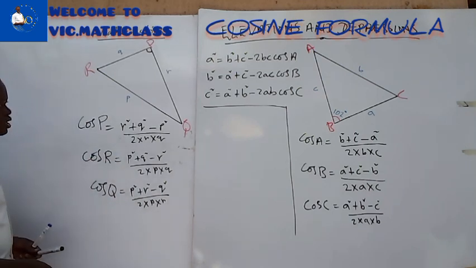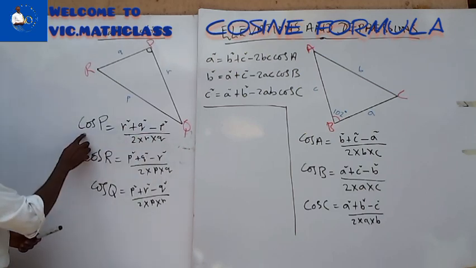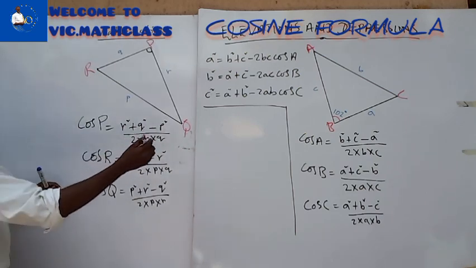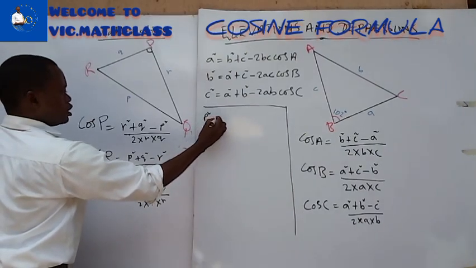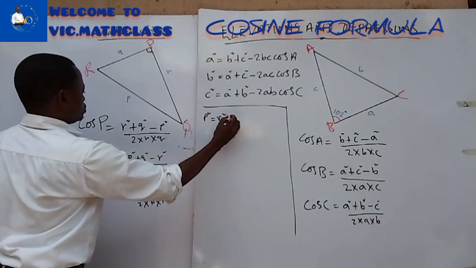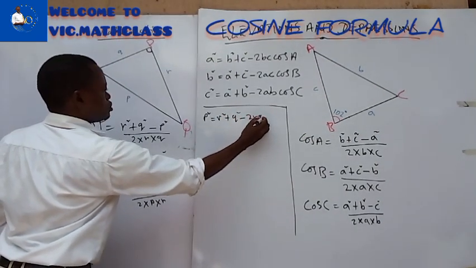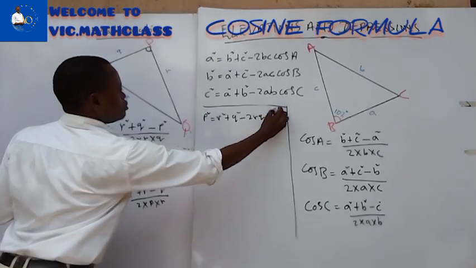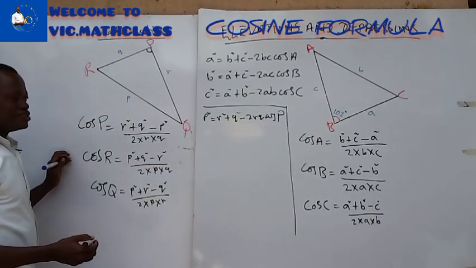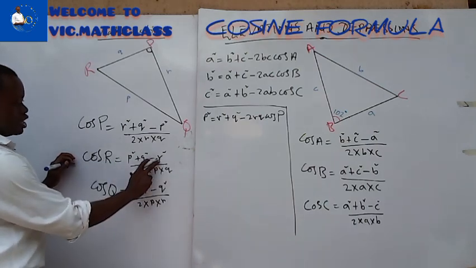All right, if I intend to calculate the sides from here, I'll make this p subject. If I cross multiply here and make this subject, I'm going to have p squared equals r squared plus q squared minus 2rq, then cos capital P. You see that? Okay, what about making this r here subject?